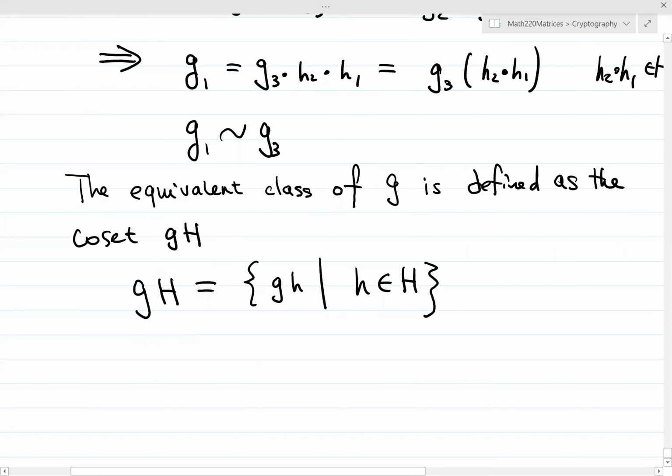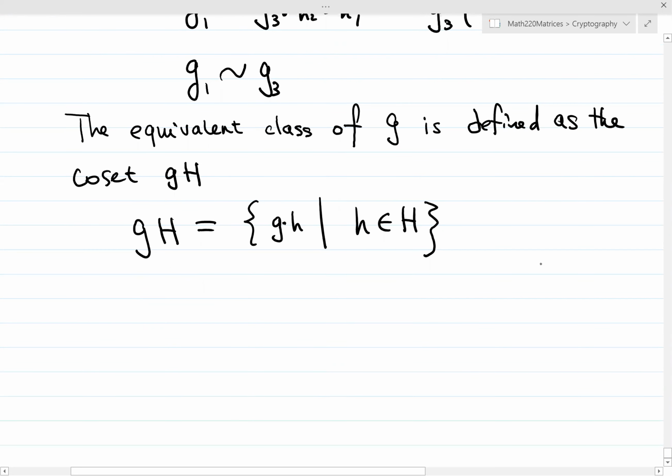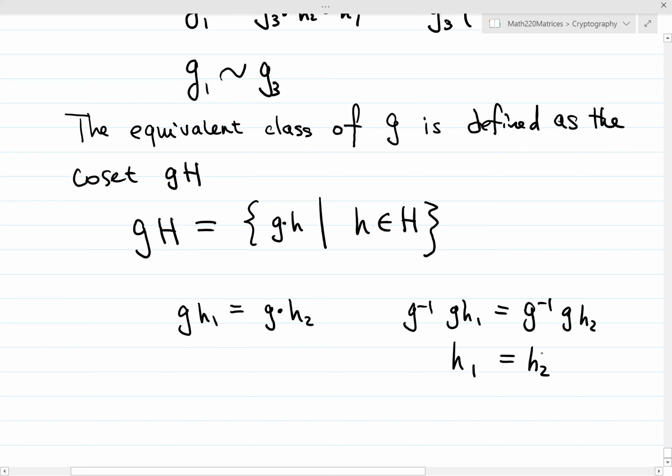Now, first of all, a group element is invertible. So if you have gh1 equal to gh2, now g is invertible, so if you take the inverse you get g inverse gh1 equal to g inverse gh2. Now g inverse cancels g, and you get h1 equal to h2. So the two elements coincide if and only if h1 equals h2, i.e. for different h1, h2, the two elements are different.